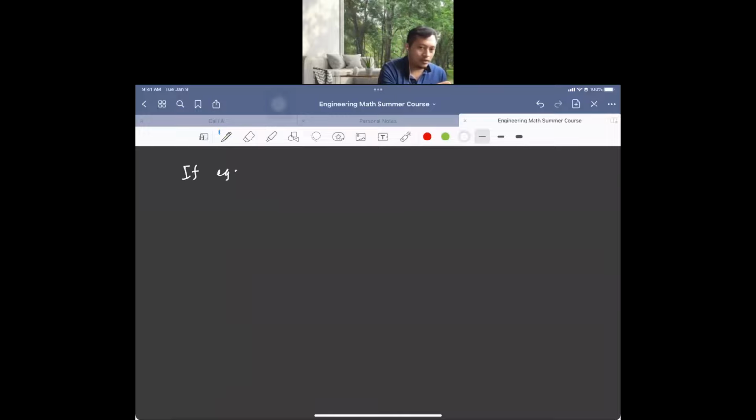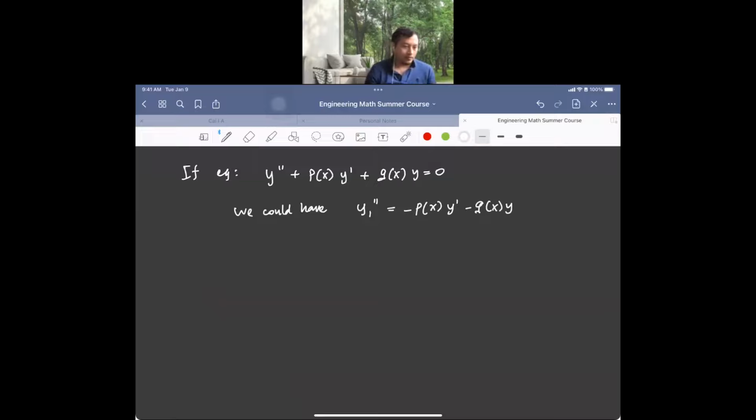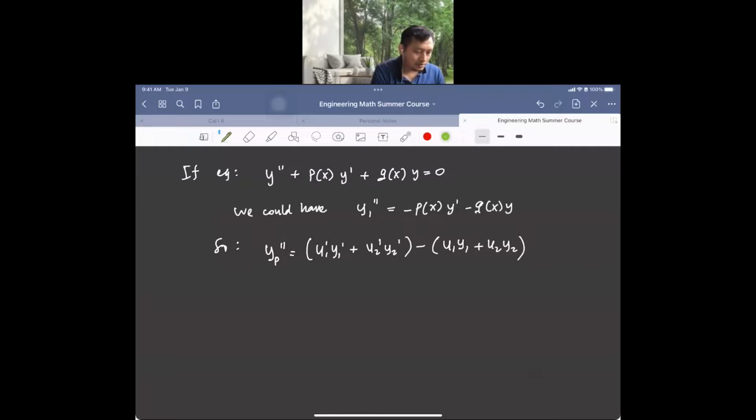If the equation is y double prime plus p of x y prime plus q of x y, we can rearrange this, and it seems that we can have a connection with this linear structure.